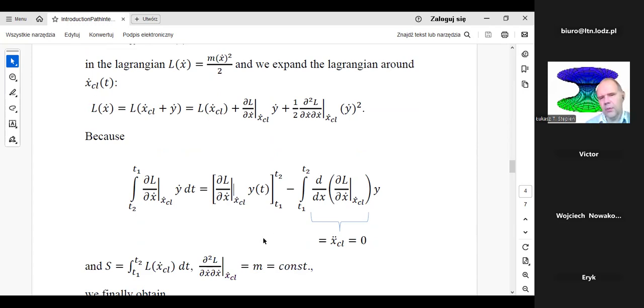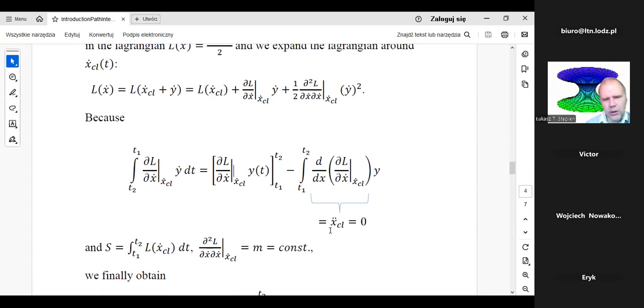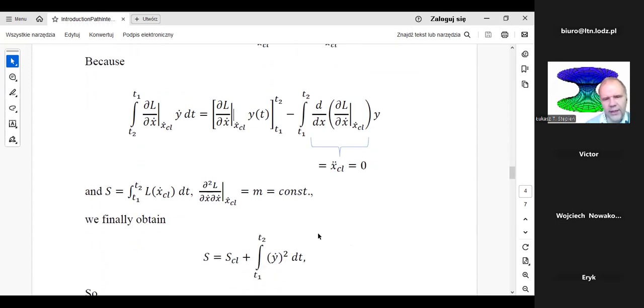Because the particle is moving without any acceleration and its velocity is constant, we can write that the second derivative of x classical is equal to 0. Okay, so we finally obtain such situation.